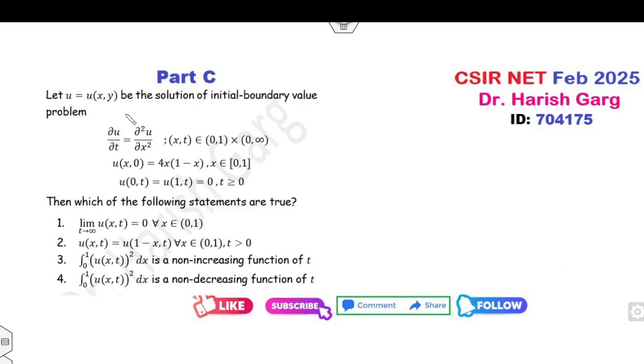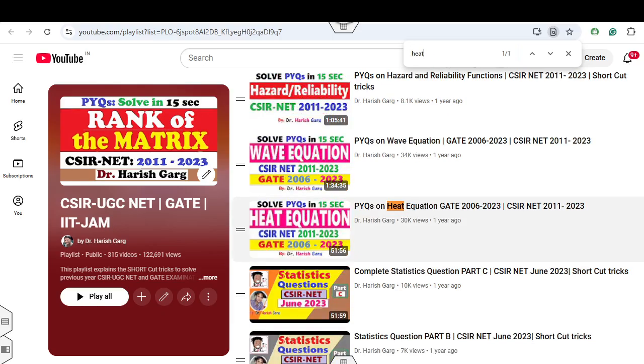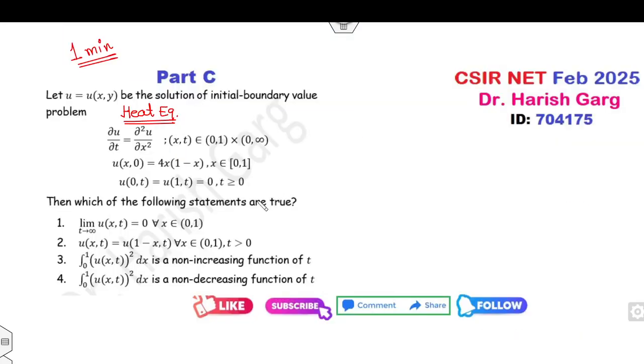Now this question is related to the heat equation. Fine. Again, it's very simple. You can solve this problem within 1 minute, provided you already watched my lecture on the heat equations. Again, you can solve it within 15 seconds.